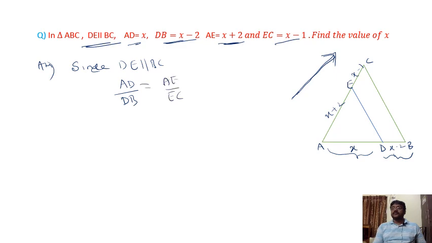The same condition holds here. So x by x minus 2 is equal to x plus 2 by x minus 1.